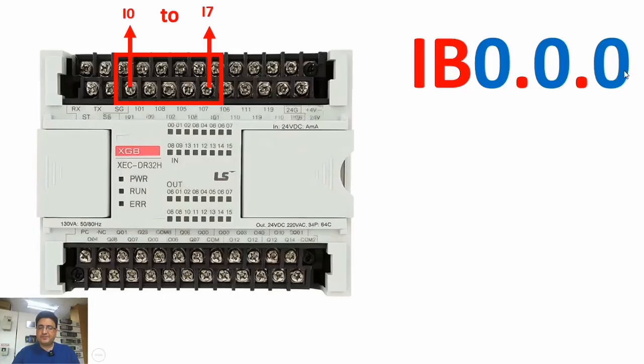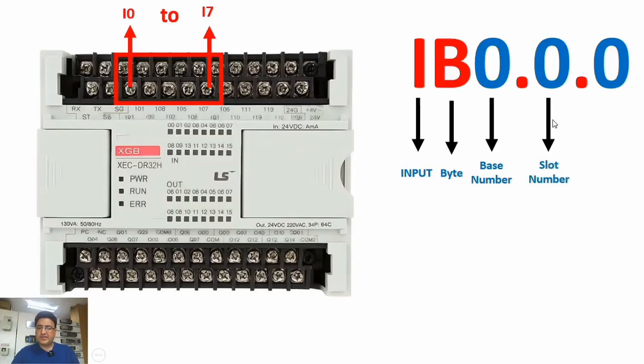%IB0.0.0. Now let's go through these together. So, I indicates input. This B that you see here stands for byte. This time it means we're going to read 8 inputs, that is 1 byte of inputs, all at once, and the first 0 is our base number.